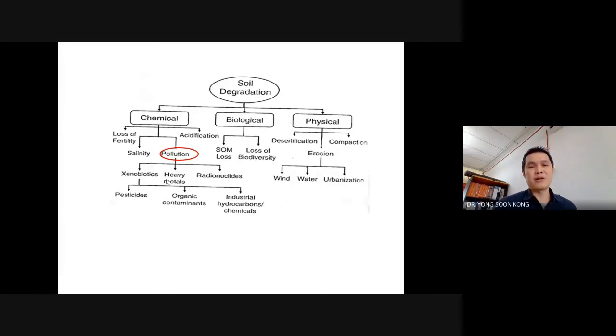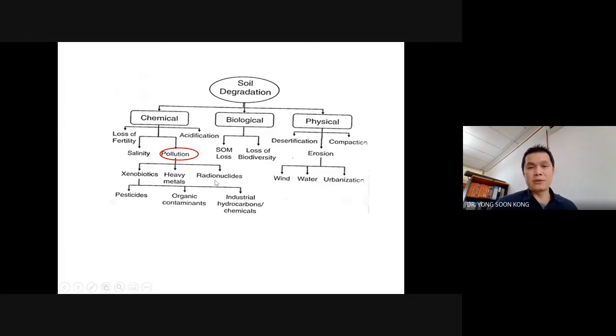So I would rather call these toxic elements, not even metals. Why? Some of these elements are not even metals. They're called metalloids. I'm sure you have heard of that word. If it's neither non-metal nor metal, they are in between, called metalloids.